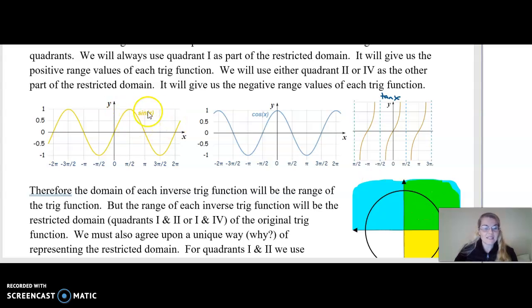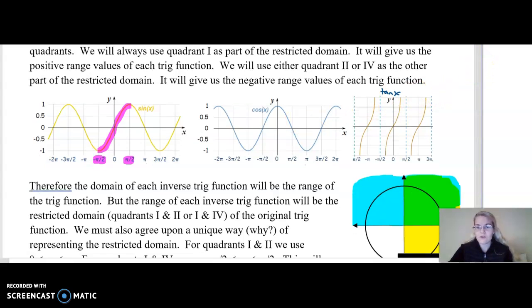If we're looking at sine of x, if we restrict the domain to be from negative pi over 2 to positive pi over 2, then we're looking at this portion of my sine function. And the range is from negative 1 to positive 1. And so what does that correspond to in terms of our unit circle?